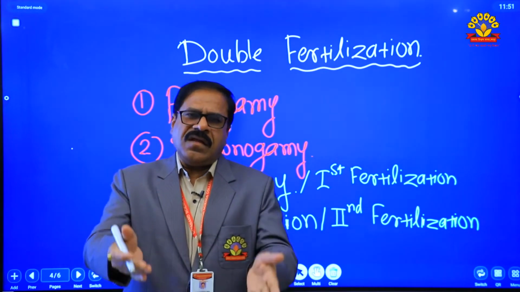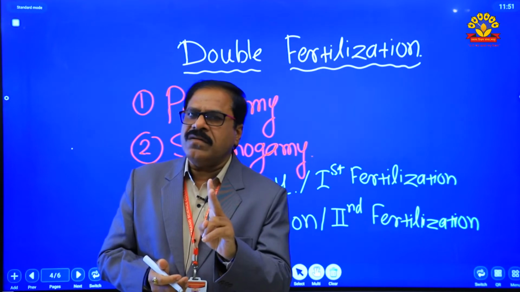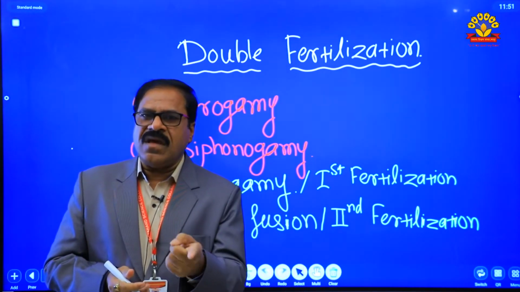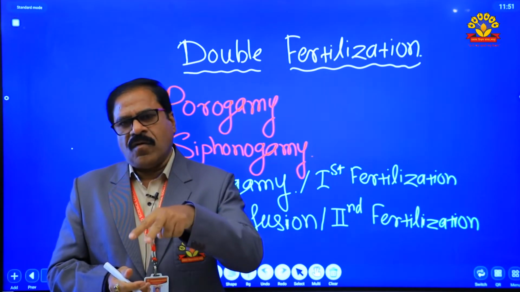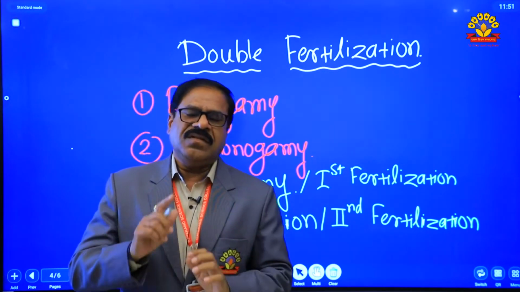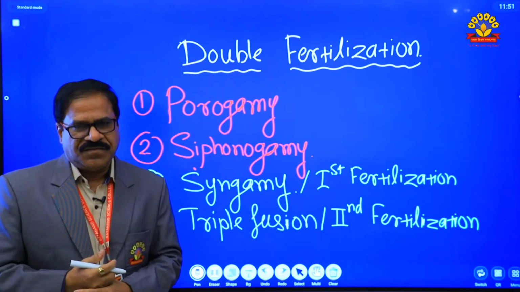Thus, the entire mechanism of fertilization involves two major steps. One is syngamy, the other is triple fusion. Thus, the act of fertilization is completed two times. Therefore, it is described as double fertilization.